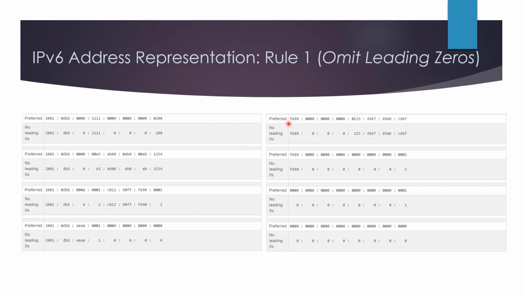So this is the preferred IPv6 address, and here it is with no leading zeros. The first hextet, the second one, you can omit all of the first three zeros in all these three hextets, and here by omitting the zeros we have this number for this hextet.